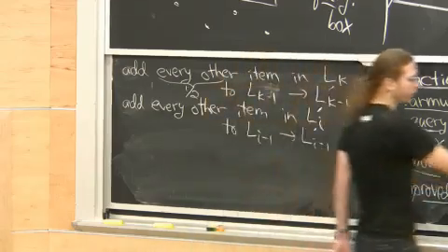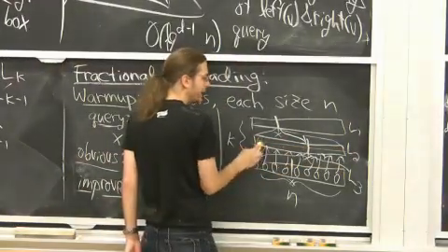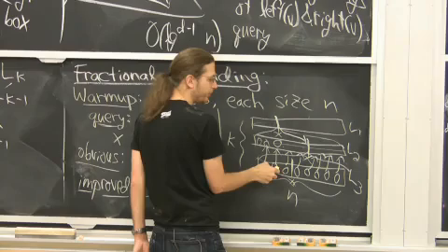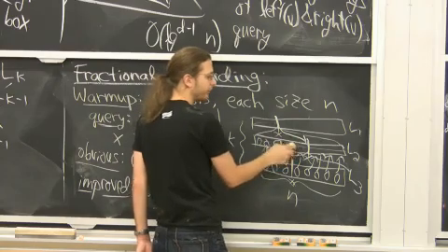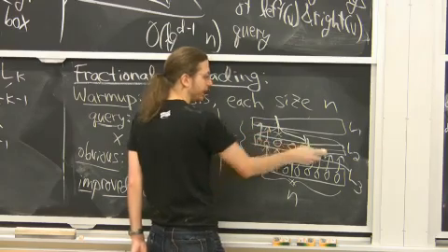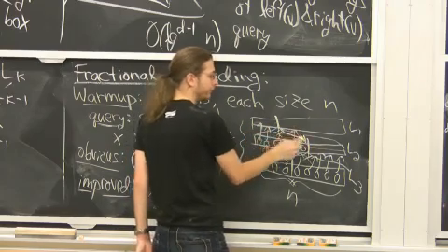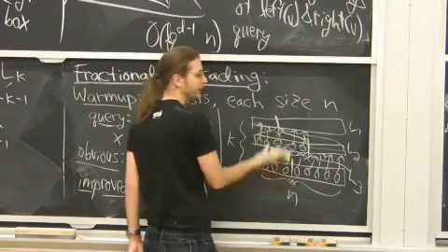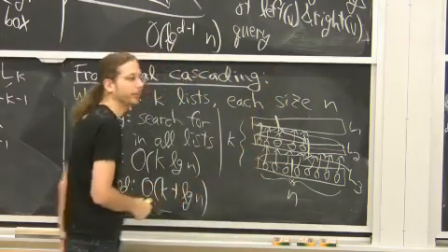The prime is the important part here. So I've got this new larger version of L2. I take half the items from here. Some of them may be items that were in L3, some of them are items that were originally in L2. But half of them get promoted to L1. And so I keep promoting from the bottom up.